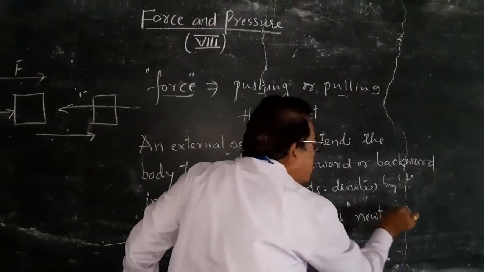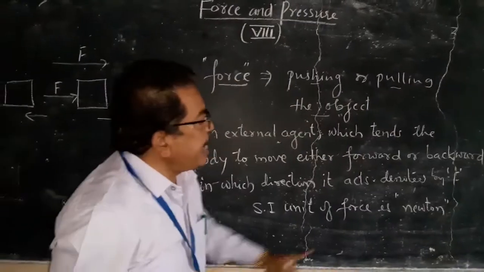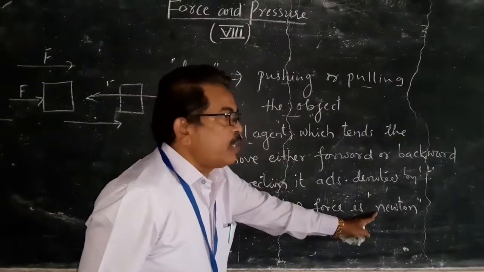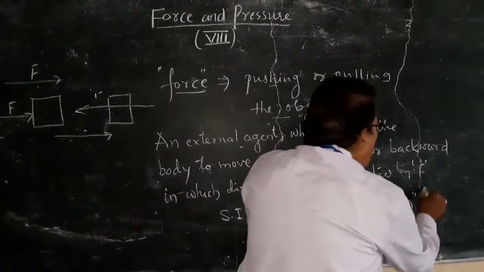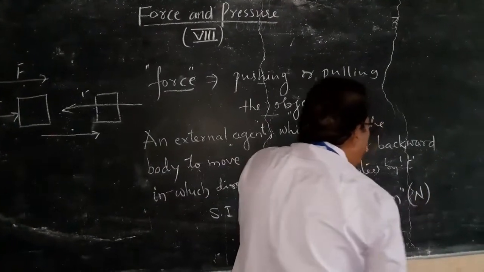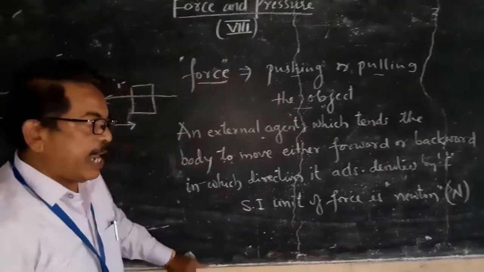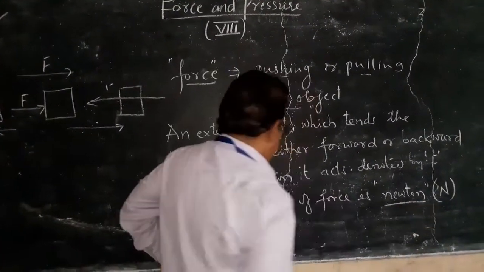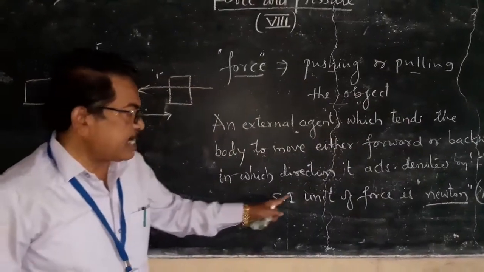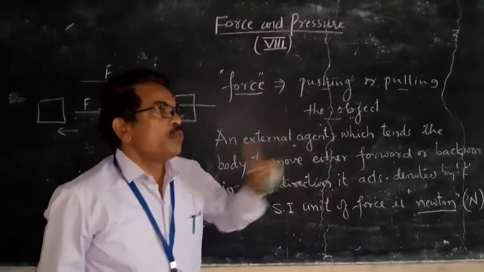Don't write the N as a capital, because Newton is the name of the scientist. But symbolically, if you write the SI unit of Newton, you can use the capital N. So it has been named in the memory of Newton, a great scientist. The SI unit of force is Newton.